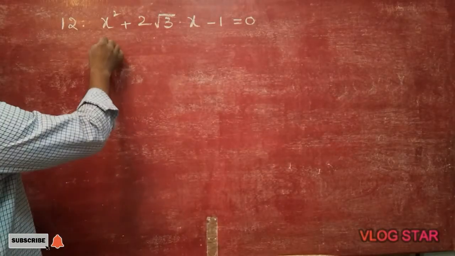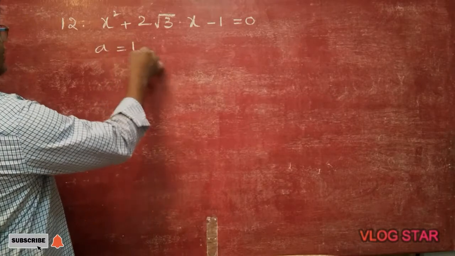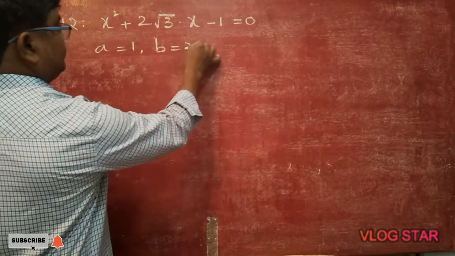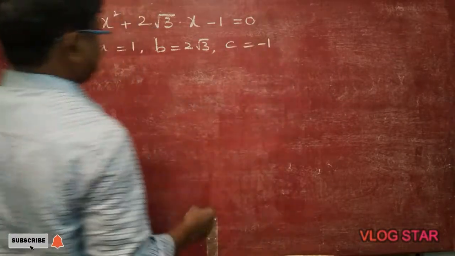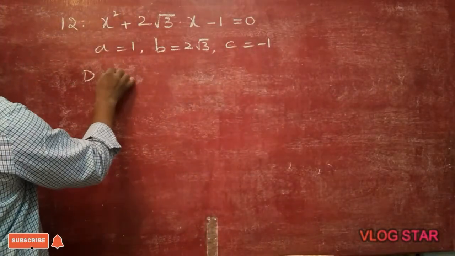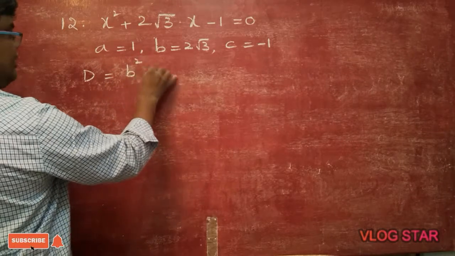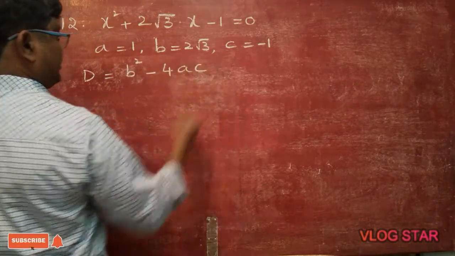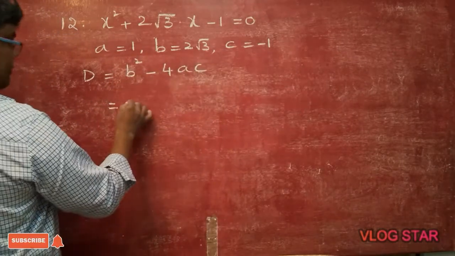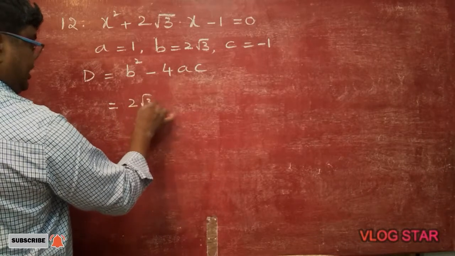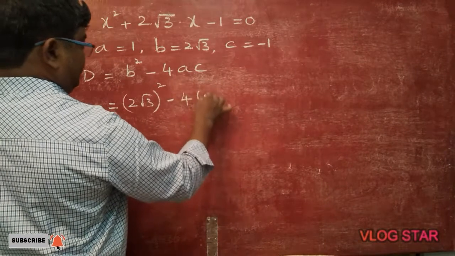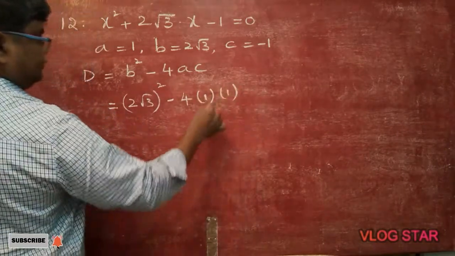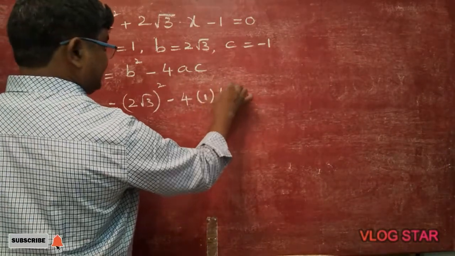12th problem. Here a is equal to 1, b is equal to 2 root 3, c is equal to minus 1. What is d? Discriminant, b square minus 4ac. 2 root 3 whole square minus 4 into 1 into 1. Sorry, here it is minus 1 with the sign.